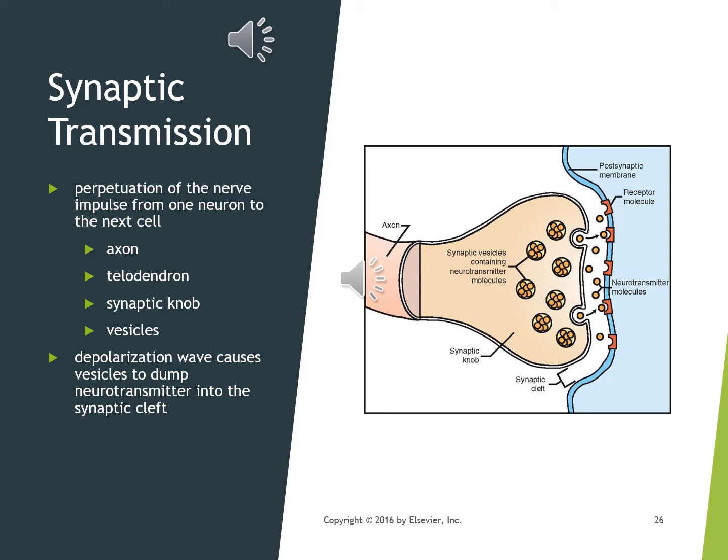And this is where the neurotransmitters are released so they can be taken up by the next cell by the receptor molecules that are embedded in that cell.